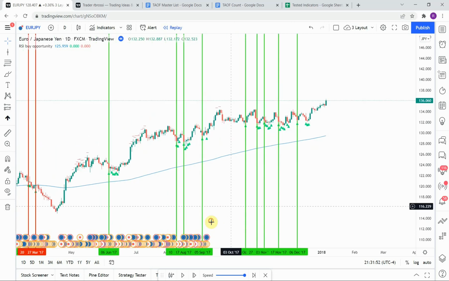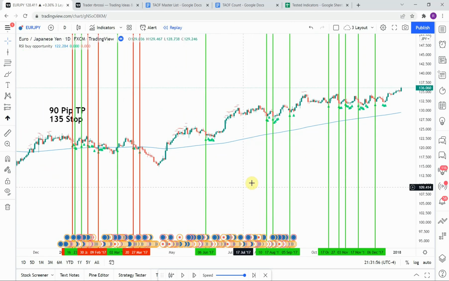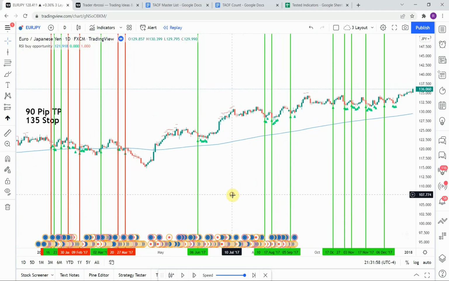Alright, so let's go ahead and take a look at our indicator here. Alright, let's go ahead and count this out and see what we get out of it. So we have 1, 2, 3, 4, 5, 6, 7, 8, 9, 10, 11, 12, 13, 14, 15, 16, and 17.